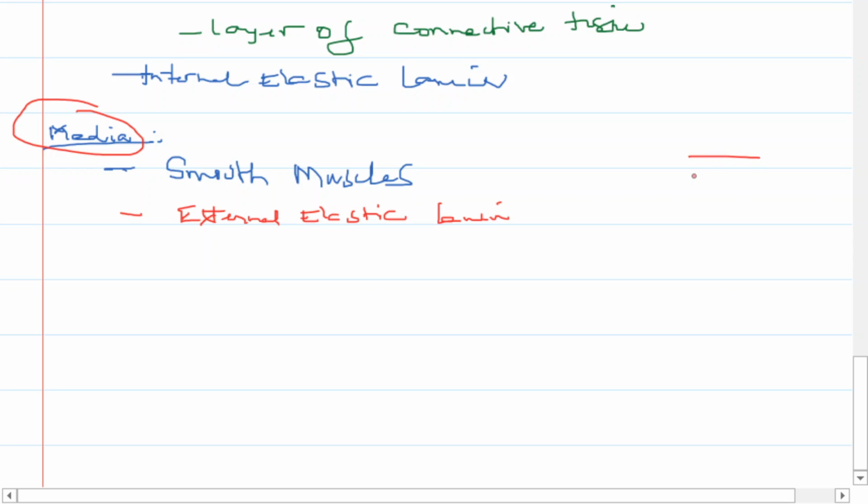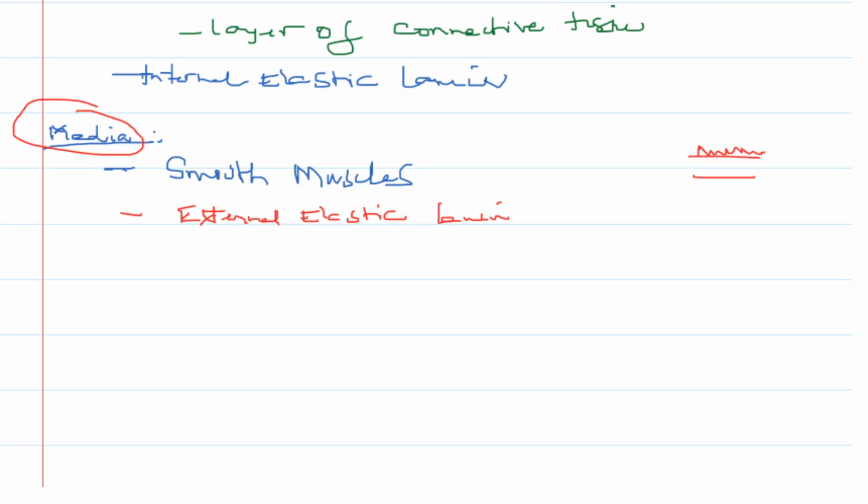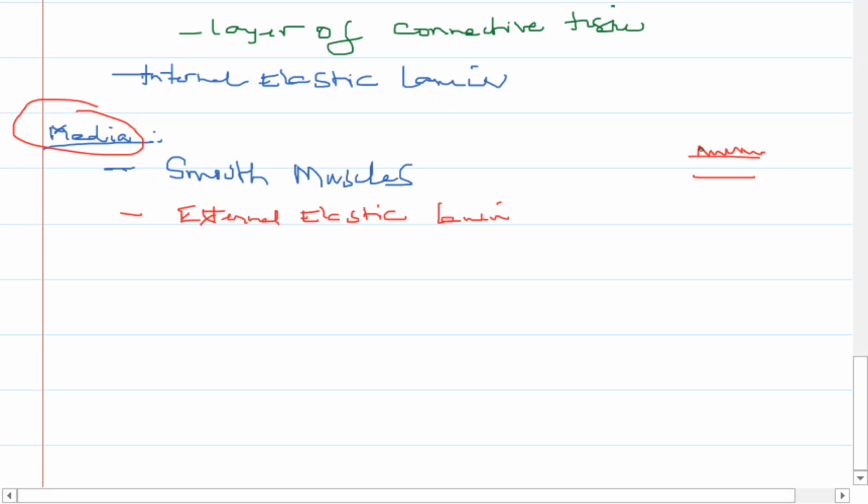So if this is the media, you will see the external elastic lamina here and the internal elastic lamina here. Because the internal elastic lamina comes off from the tunica intima, and the external elastic lamina comes off from the tunica media.